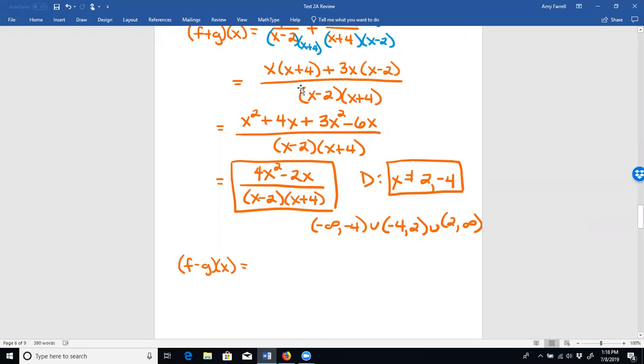So to save myself a little bit of time, I'm just going to use this right here, but instead of the plus sign in the center, I'm going to put a subtraction symbol, since I already worked to get a common denominator for the addition one. So I'm just going to change that to subtraction.